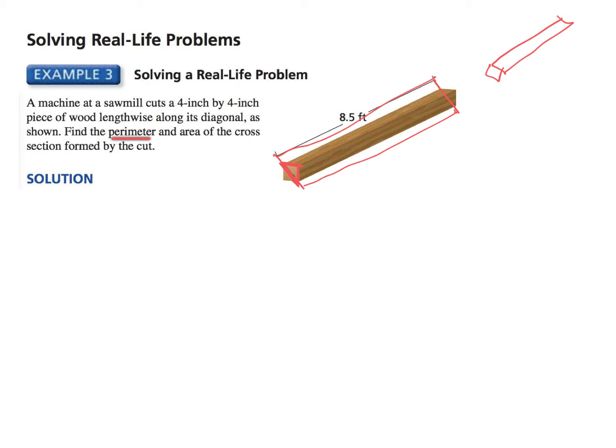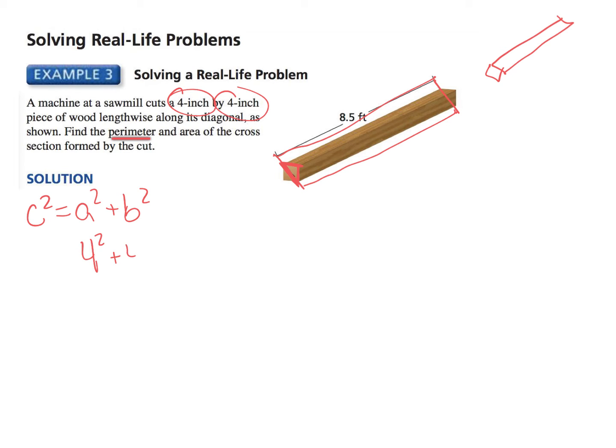If you see it's a square and it's got hard edges and it creates a right triangle, so we're going to go ahead and use the Pythagorean theorem. Because we know the two sides, we can use the Pythagorean theorem because c squared equals a squared plus b squared. 4 and 4 are a and b.